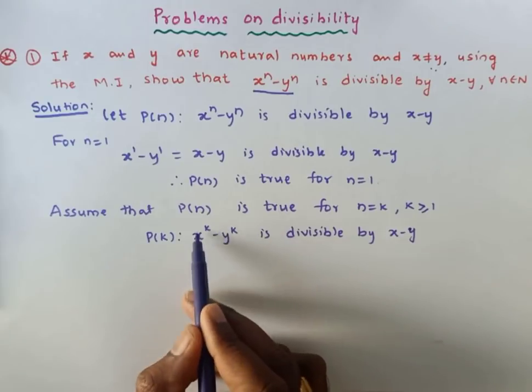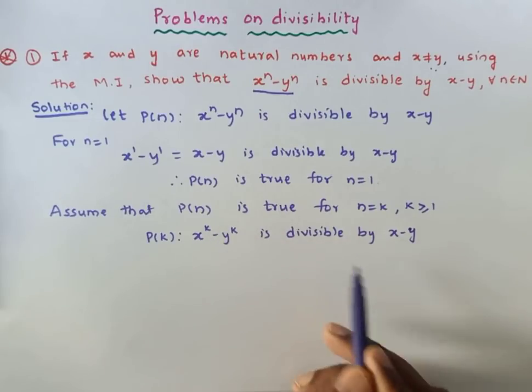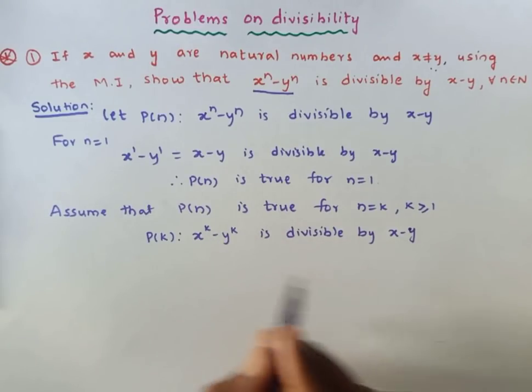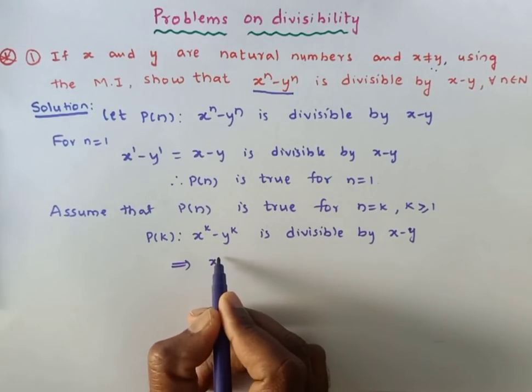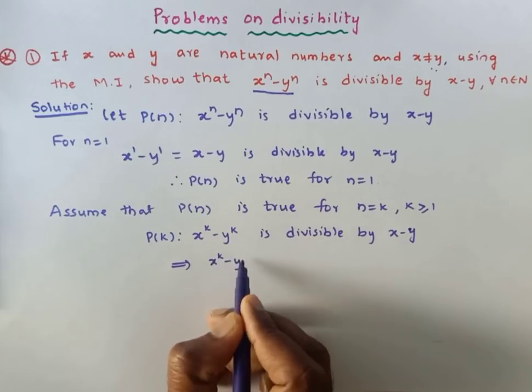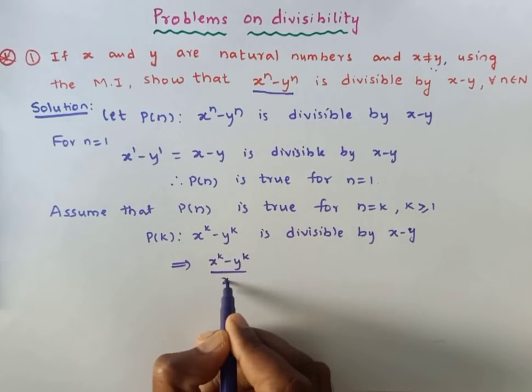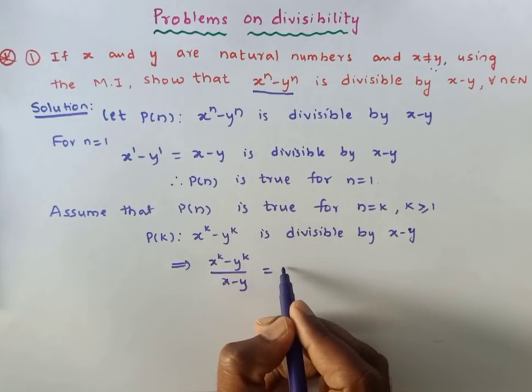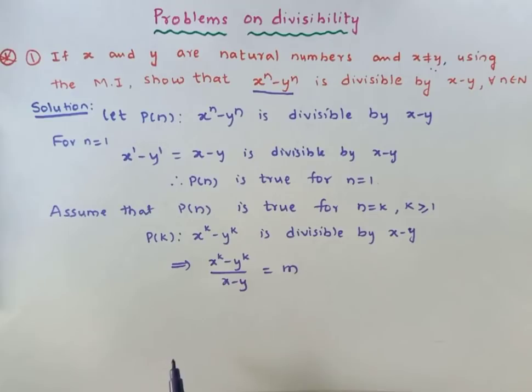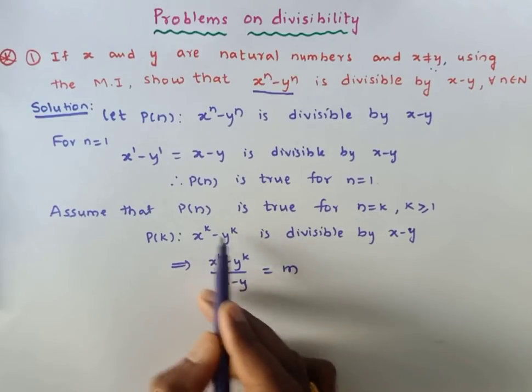When we divide this value by x minus y, we get some number, right? That means x to the power of k minus y to the power of k divided by x minus y is a number. Let that number be m.